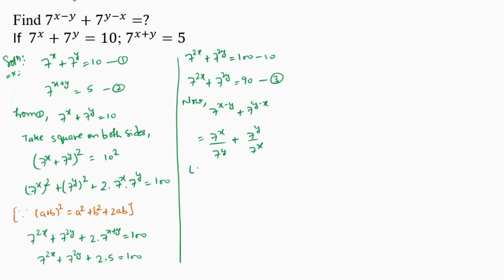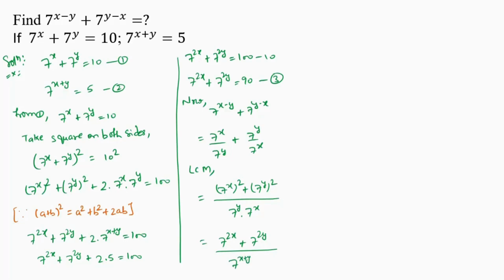Now take the LCM, we get 7 raised to power y times 7 raised to power x, and in the numerator we get (7 raised to power x) squared plus (7 raised to power y) squared. On solving this we get 7 raised to power 2x plus 7 raised to power 2y divided by 7 raised to power x plus y.